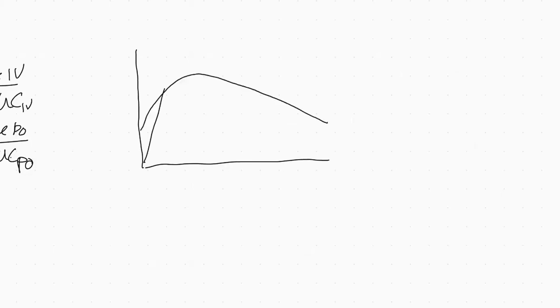So the problem is drawing something that you think has the same area under the curve. It's hard to do, right? But the idea here is, if these have the same area under the curve and therefore the same Css average, so let's say they're the same area under the curve.